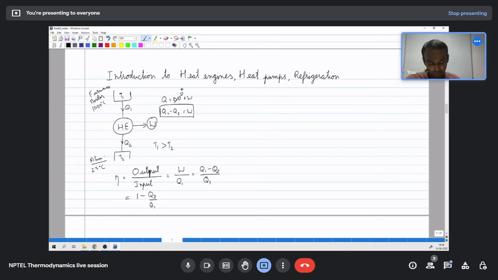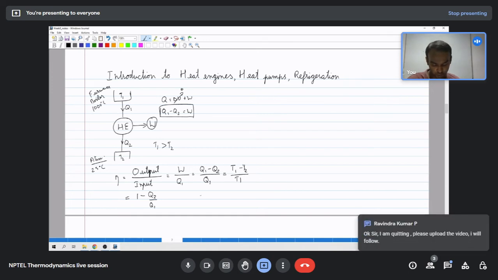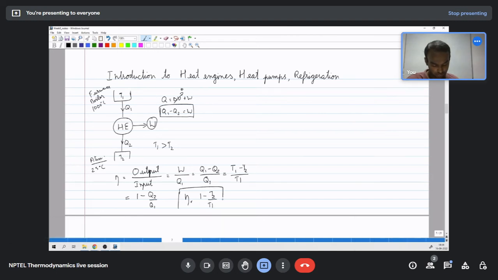Later, assuming there is no irreversibility, and that means the entropy generation is 0, we can say that this is (T1 minus T2) by T1. So efficiency can be 1 minus T2 by T1. So this is about the efficiency for the heat engine.